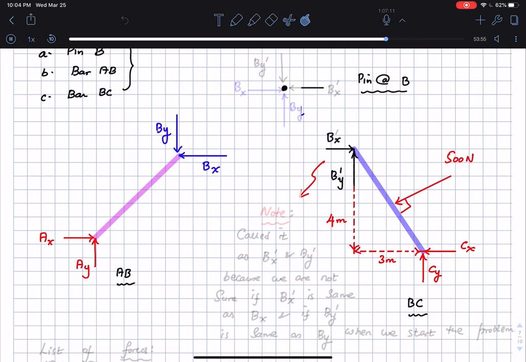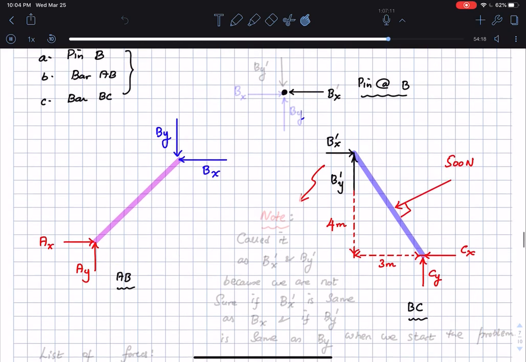And then I'm going to be calling this BX prime. And you see that because of the idea of action and reaction, at the pin B, I'm going to have equal and opposite forces BX, BY, and BX prime and BY prime. Okay, so on the pin at B, I'm going to be having a BX prime, I'm going to be having a BY prime, which is going to be acting vertically down, equal and opposite.